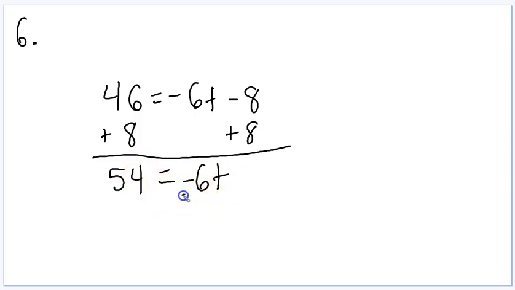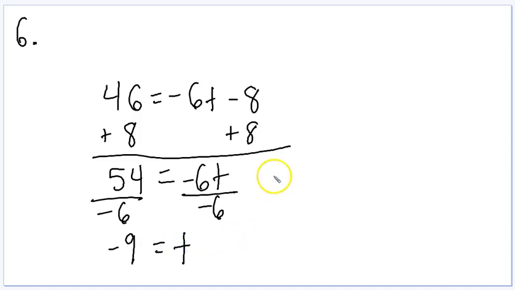Now, to get t all by itself, since it's multiplication, we have to do the opposite. We're going to divide each side by negative 6. That is going to give me negative 9 equals t. Plug that back in. Negative 6 times negative 9 minus 8 equals 46.